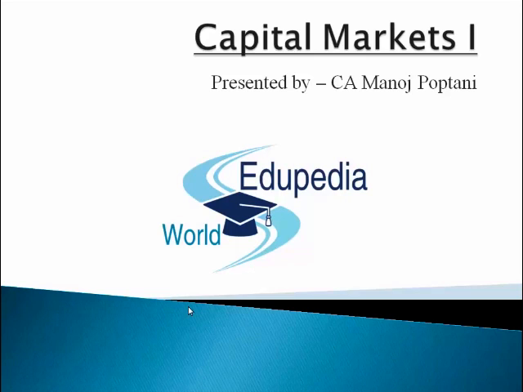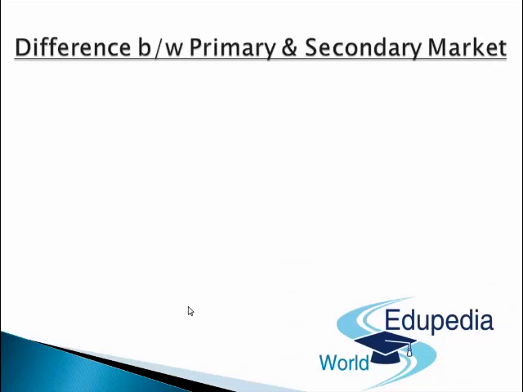So we'll start and mark the beginning of this presentation with the topic relating to the difference between a primary and a secondary market. This kind of question has already been asked various times in various phases of your life, since you were at school as well. At that moment also, you must have heard about this question.